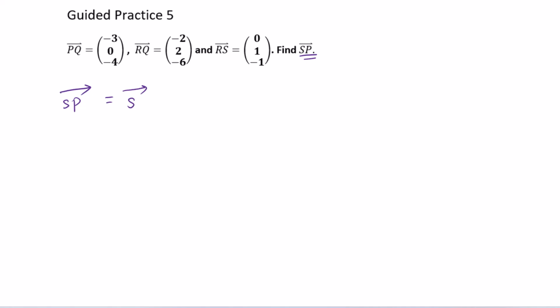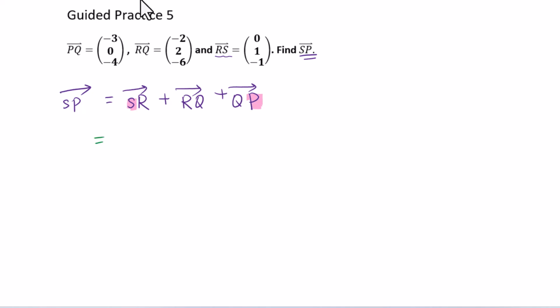Just check the given vectors with the alphabet S, RS. So we write down SR plus, then R, we got RQ, then plus QP. Just make sure you get started with this S, ending with this P.